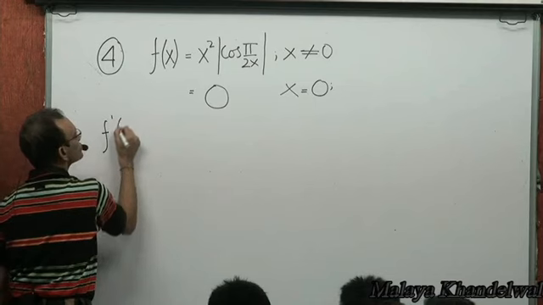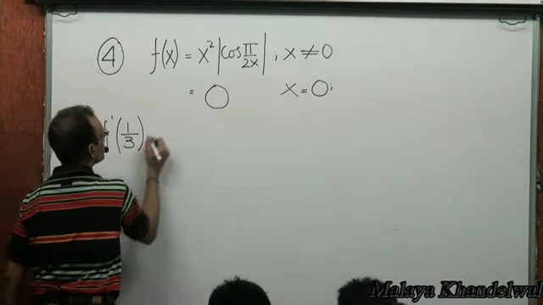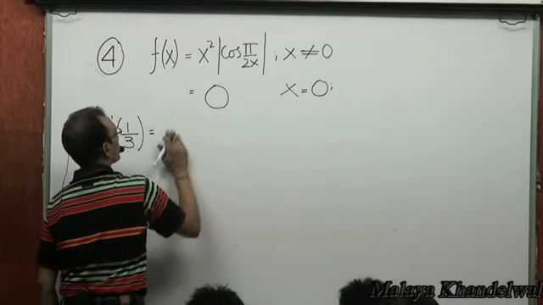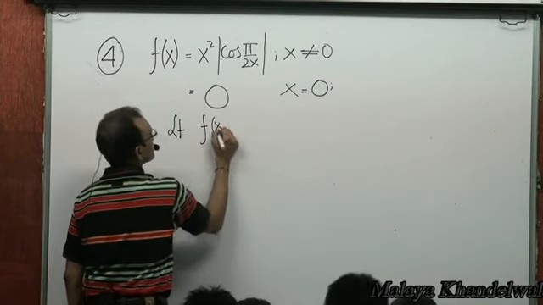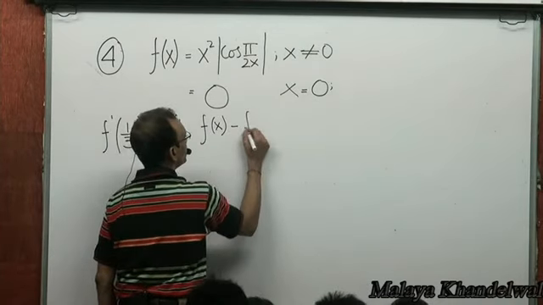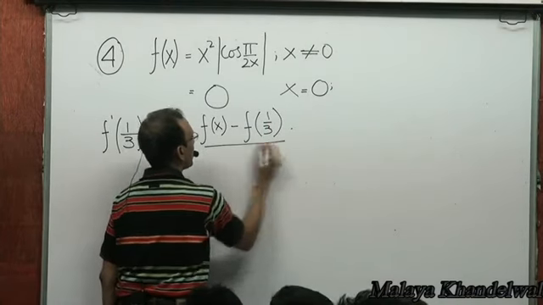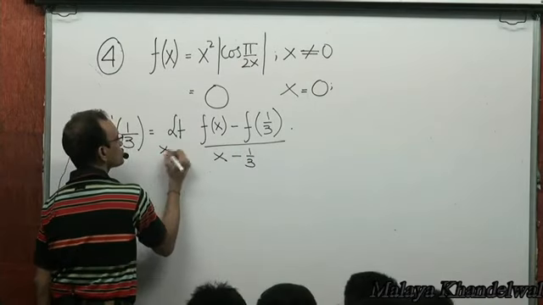F dashed 1/3 is going to be the limit of f(x) minus f(1/3), divided by x minus 1/3, as x tends to 1/3.